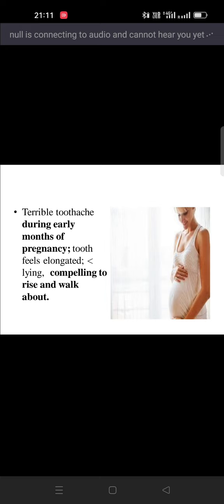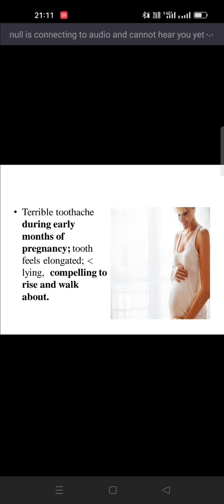She will express like, "Doctor Sahab, it is hurting a lot." By hearing her voice, you can identify the severity of pain, how much pain the patient is having. That is known as a terrible toothache.